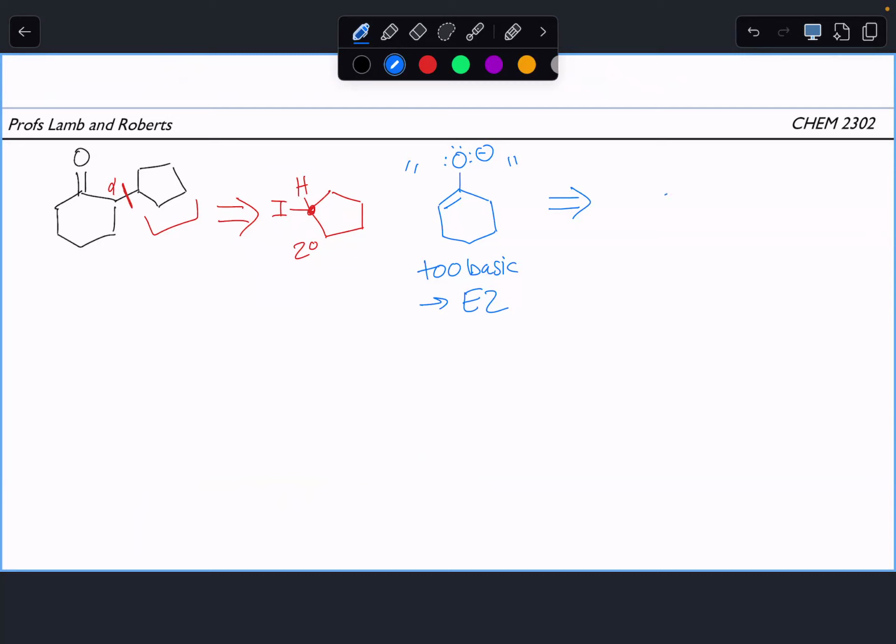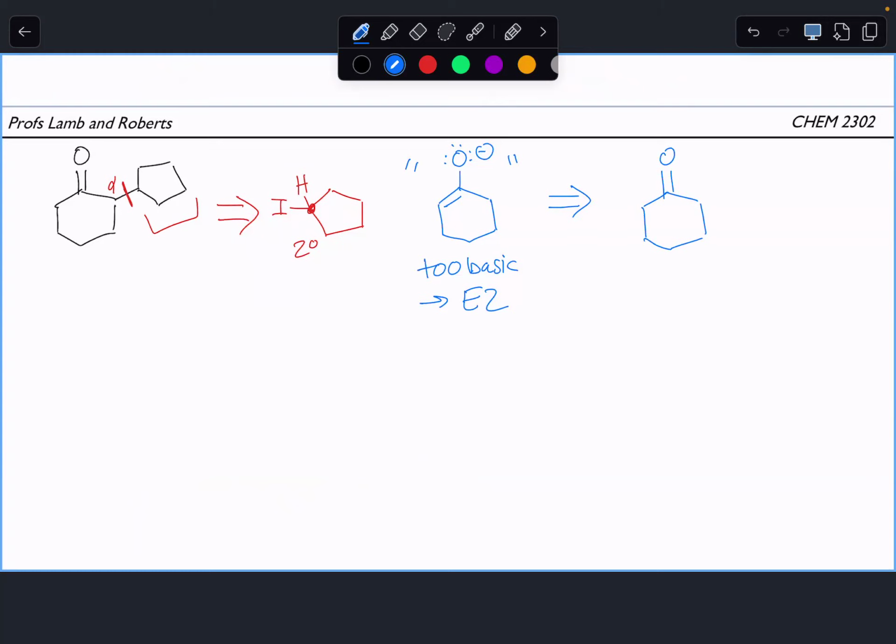So how do we do that? Again, we need that beta carbonyl derivative. Here we have that ketone, and here's our alpha position that we need to make less basic. Attached to that alpha position, we need to add that ester that allows us to remove it later.